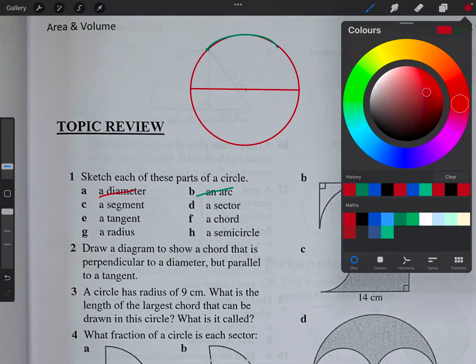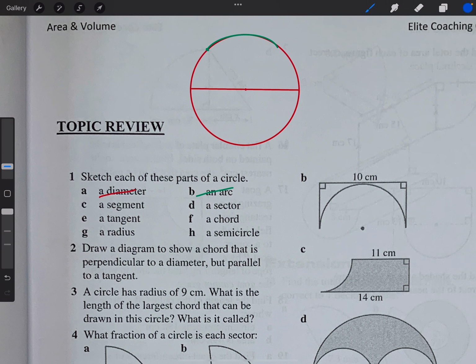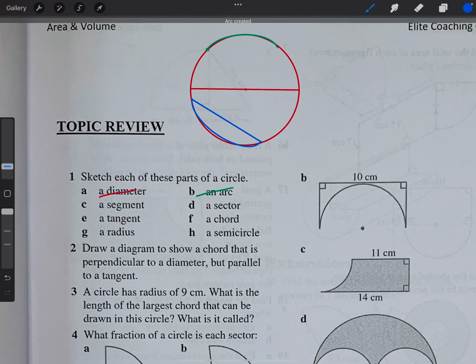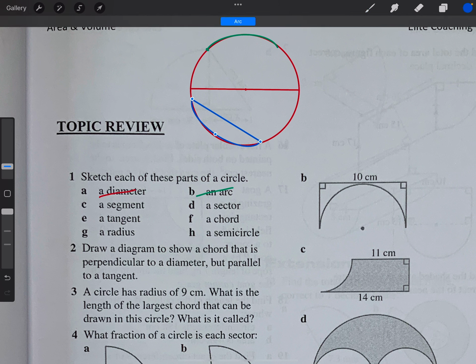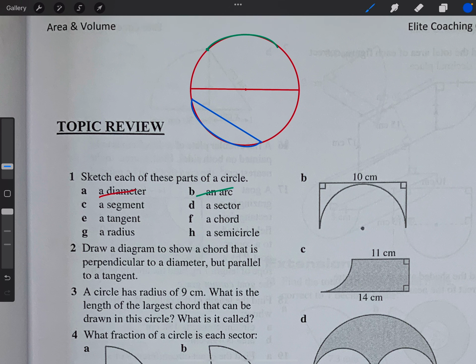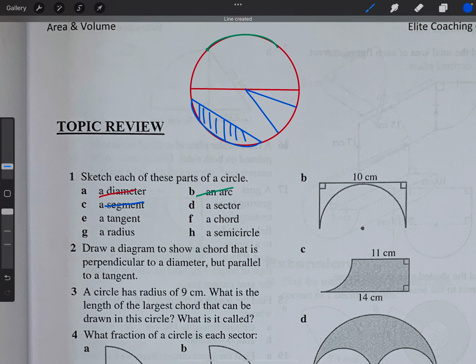A segment is just, if you were to cut this circle, let's say like this, this can be considered your segment. Something like that. That's a segment. A sector. A sector is if you were to, let's say, cut part of a circle that looks like a pizza shape. So this shape here is called a sector.